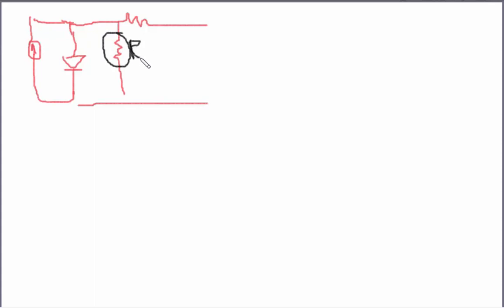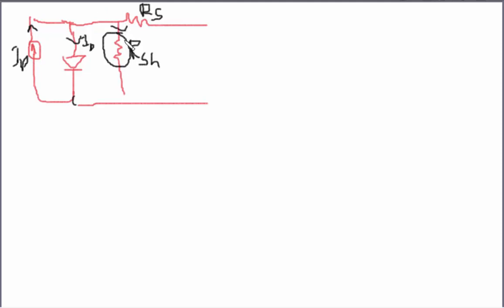So I will call it a shunt resistance, that is called RSH. This is the series resistance, that is called RS. Now this current is ID. Fine. Yes. This is IPH.